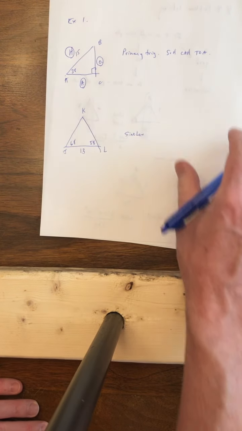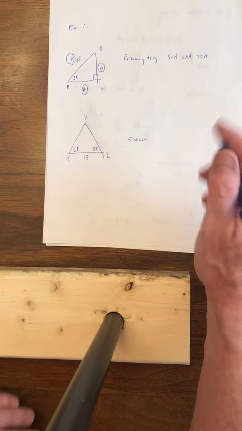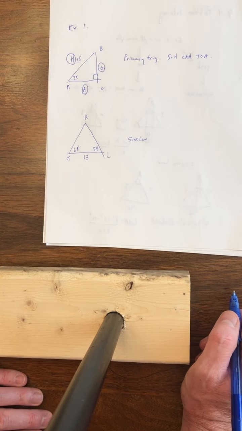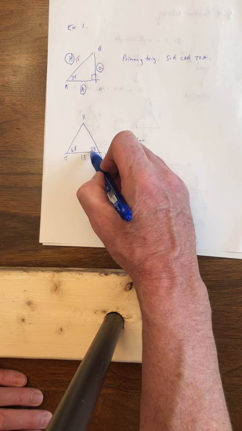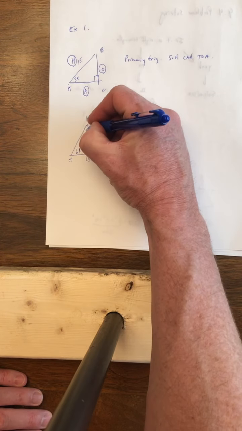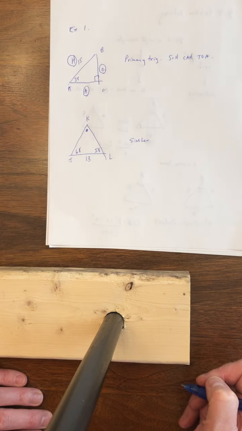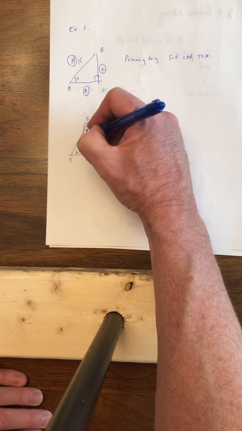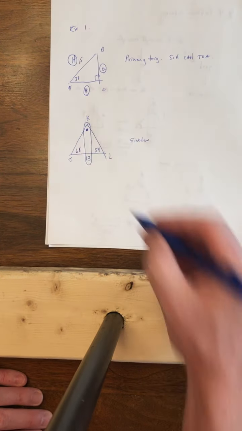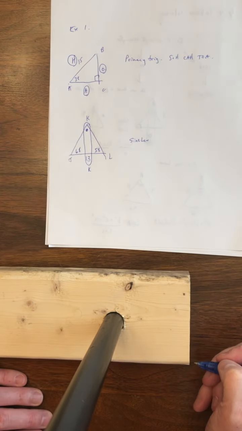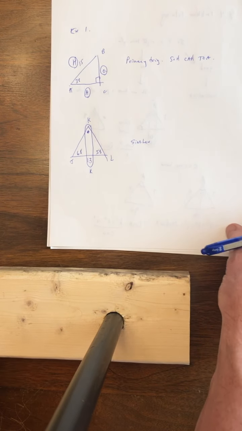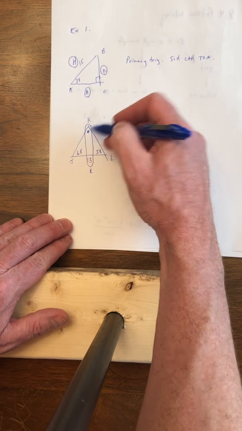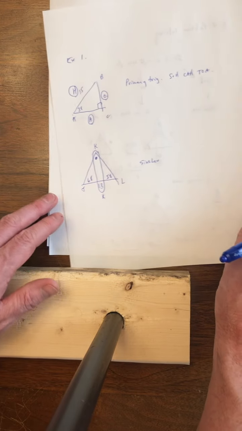And I know you may be saying, well, we don't have that pair of information, but we very easily can get that. So 68 and 58, we can subtract that from 180, and we can figure out what K is. And now we do have K, angle K, and its opposite side, and so we can just use our sine law to solve for this. If we didn't, we'd have to go to our cosine law.